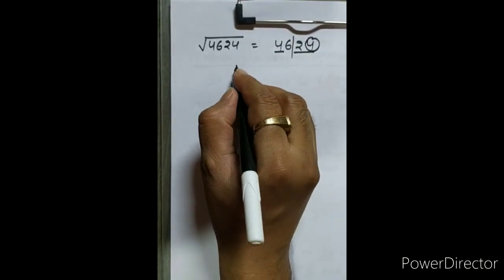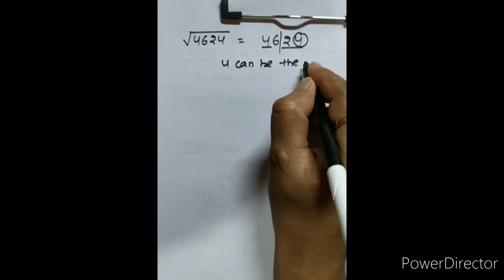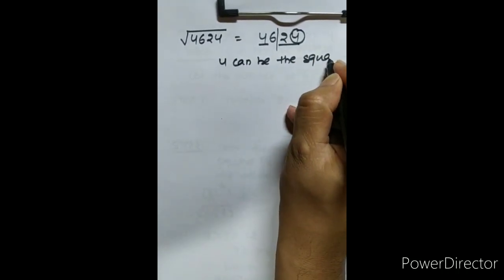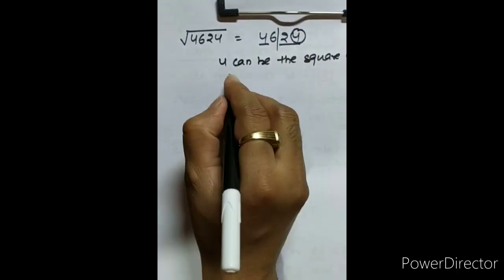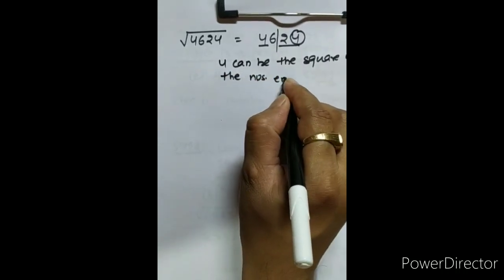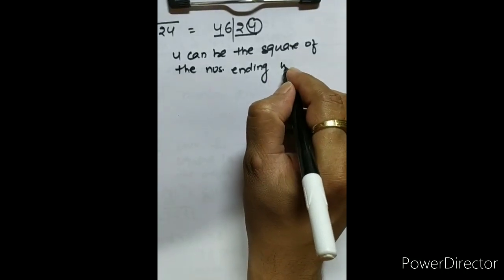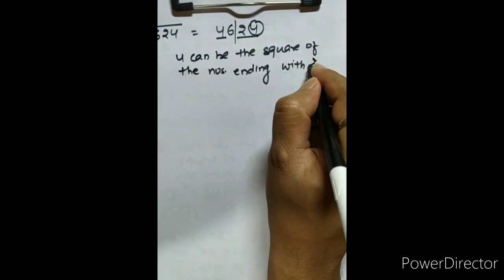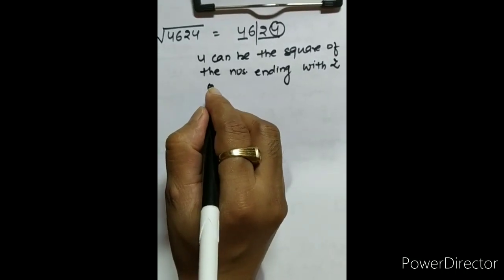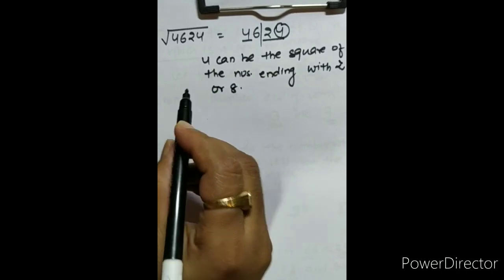Now this 4 can be the square of numbers ending with 2 or 8, right?